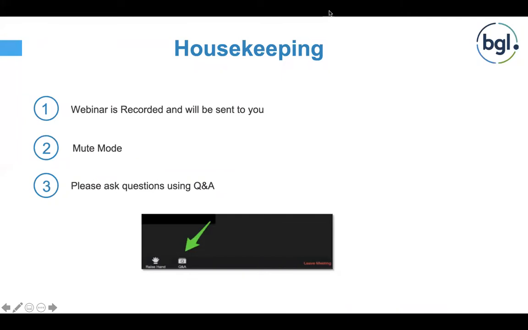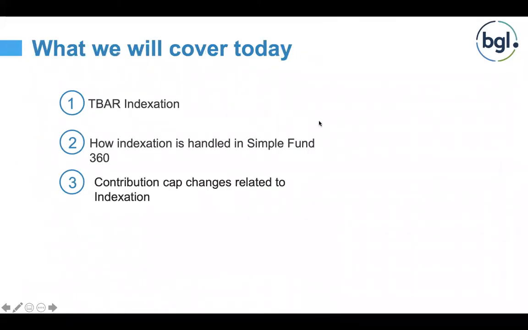So what are we covering today? Today we're going to cover, as I mentioned, T-bar indexation. We're going to talk about the new change to the transfer balance cap and how that's going to work out in practice. But not only that, we're also going to talk about how that is going to look within the Simple Fund 360 product itself.